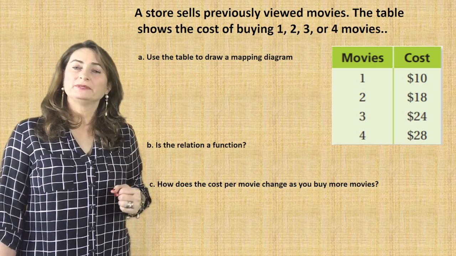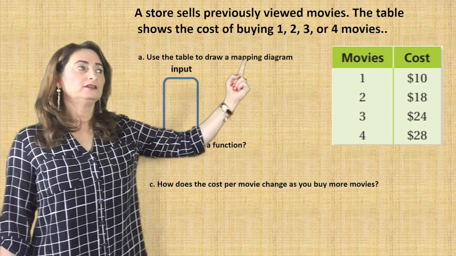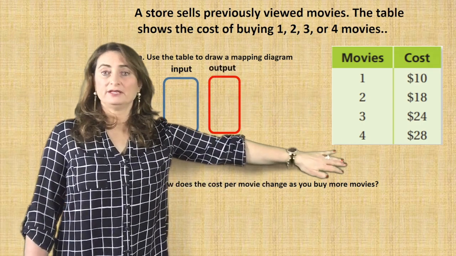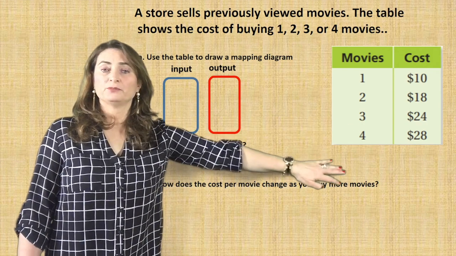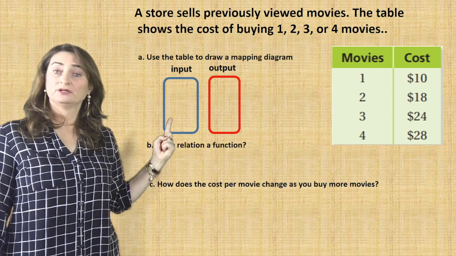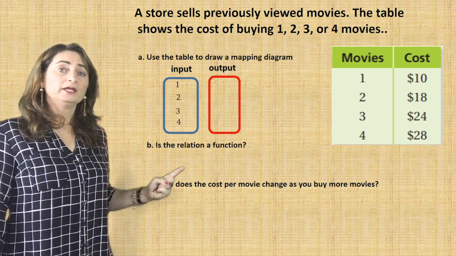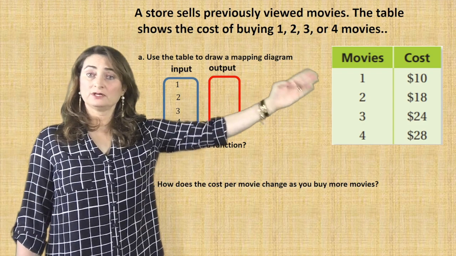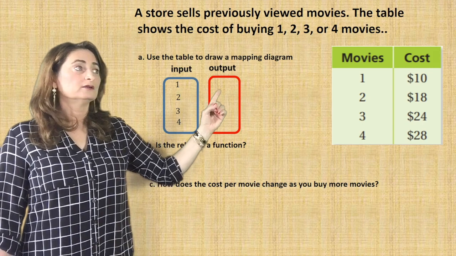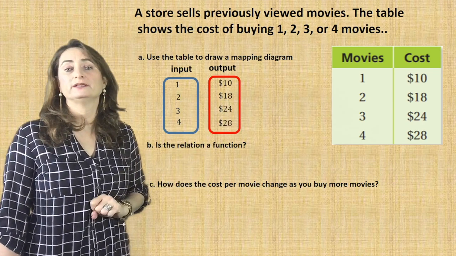For me to draw a mapping diagram, first, I need the input box and the output box. The movies are the X, which is the input. So I will transfer all these numbers into the input box, 1, 2, 3, 4. And now I will transfer the money or the cost into the output, which is the Y. We'll start with $10, $18, $24, and $28.